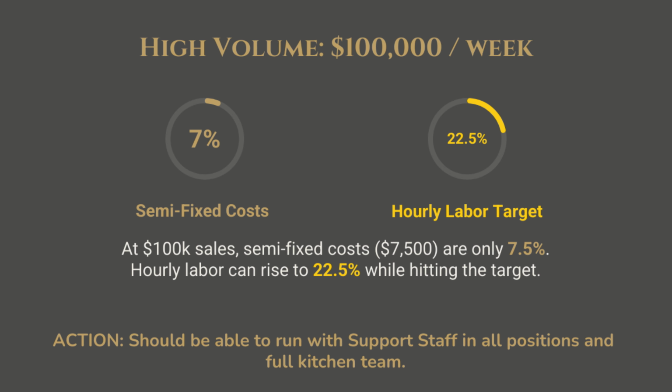At this level, managers should be able to fully staff support positions, maintain strong coverage throughout the restaurant, and run with a complete kitchen team while still operating efficiently. The key takeaway is that higher sales volume creates more labor flexibility and allows managers to focus more on maximizing service quality and execution rather than running extremely lean.